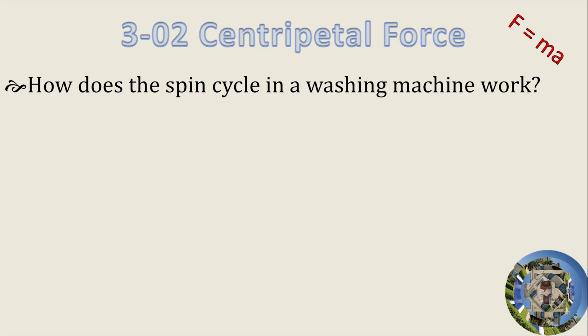How does the spin cycle in a washing machine work? Well, in your washing machine tub, it spins around, right? And your clothes get wadded up against the side. So we have our centripetal force being provided by the normal force. And that makes the clothes go in a circle.